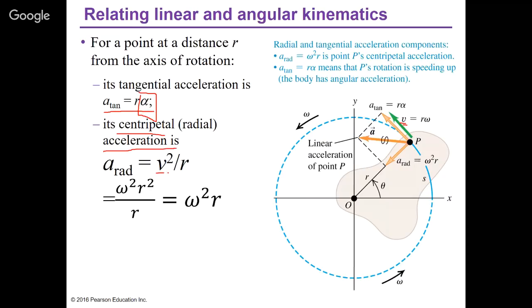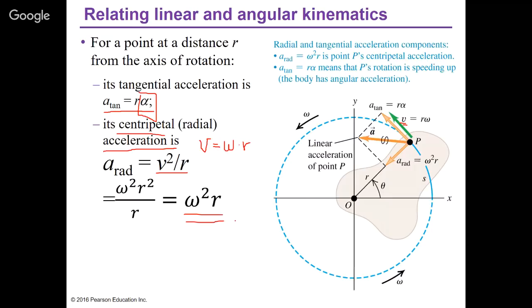We've learned that its magnitude is V squared divided by R. And if we plug in what we just learned in the last slide, V equal to omega times R, that will be omega squared R squared divided by R. And we come up with a new equation: the centripetal acceleration is omega squared times R.